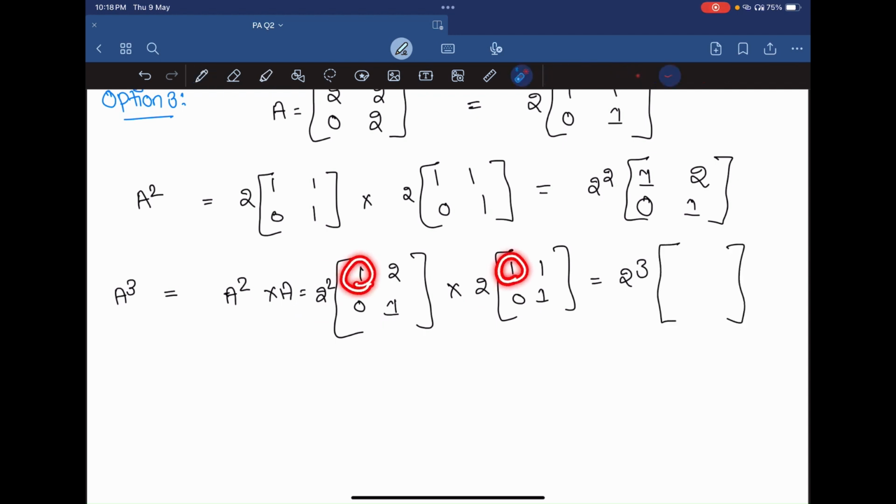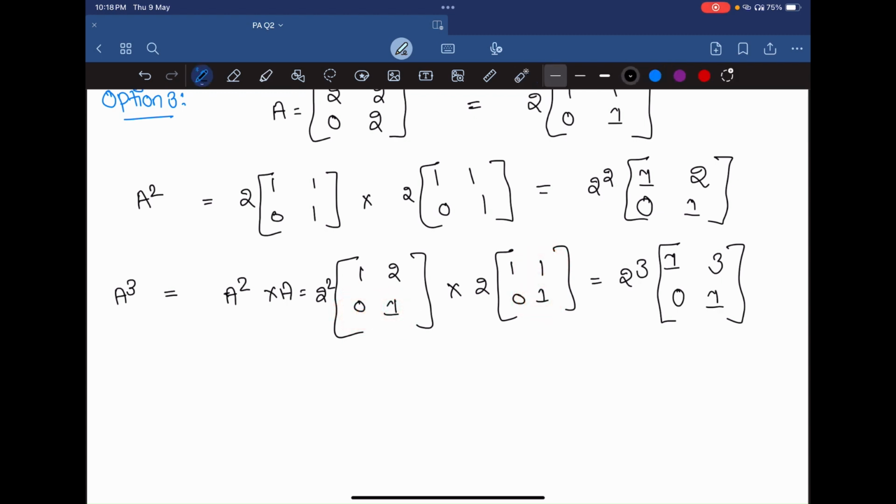So 1 into 1 plus 2 into 0 gives us 1. 1 into 1 plus 2 into 1 gives us 3. 0 into 1 plus 1 into 0 gives us 0. And 0 into 1 plus 1 into 1 gives us 1.